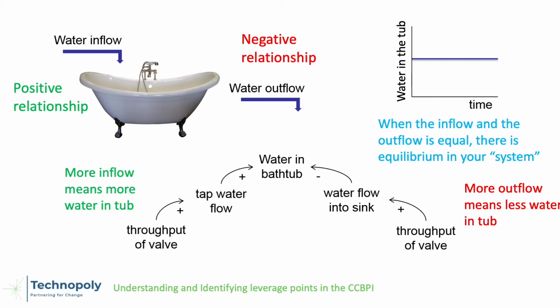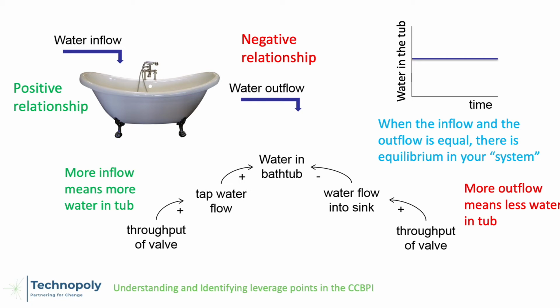In general, as you open your valve, more water flows in, and therefore more water is in the tub. As you open the output valve of your faucet, that depletes the water, which will bring down the water level in the bathtub.